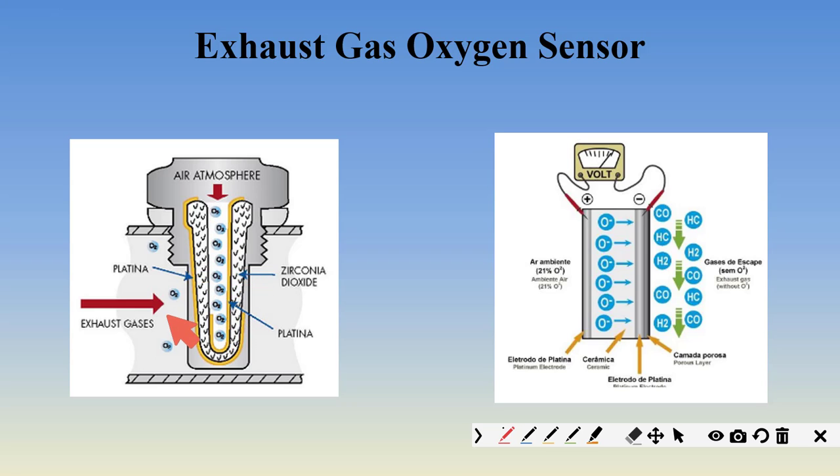Again I will repeat: because of the difference in concentration of oxygen particles on either side of the ceramic material, there will be a voltage difference generated across the inner side and the outer side.